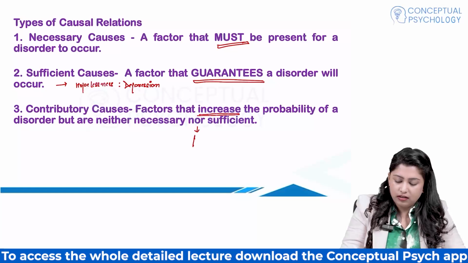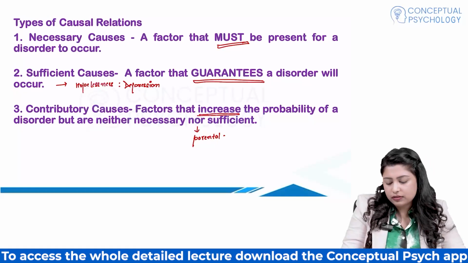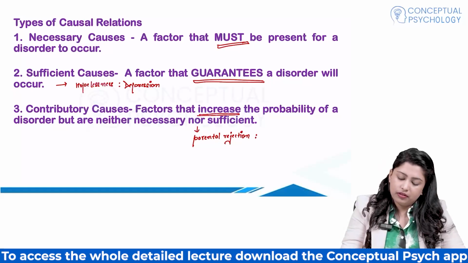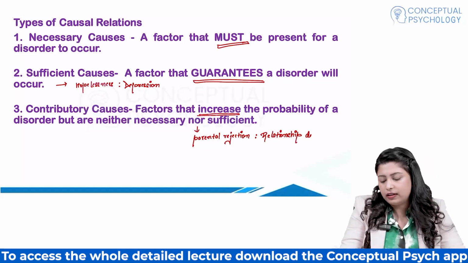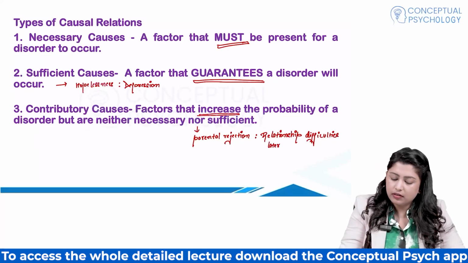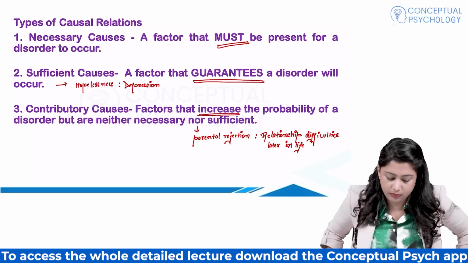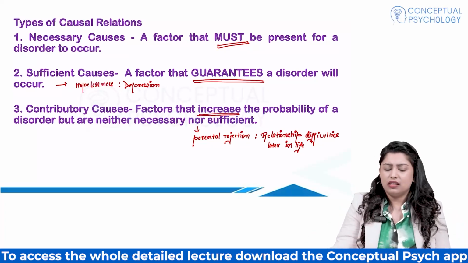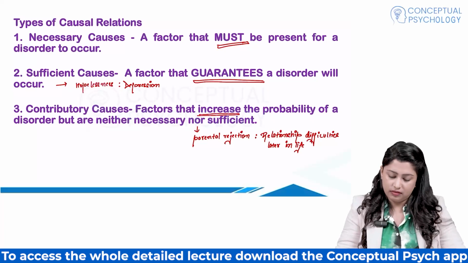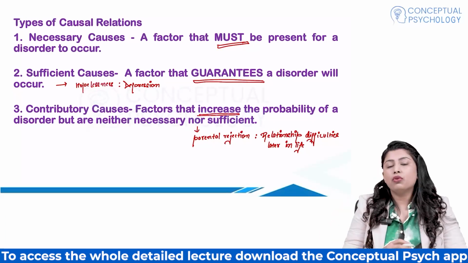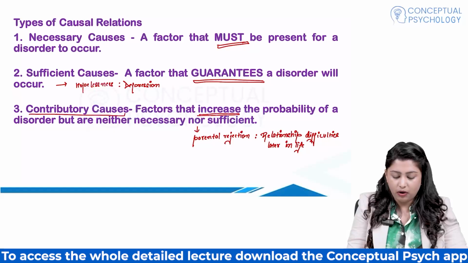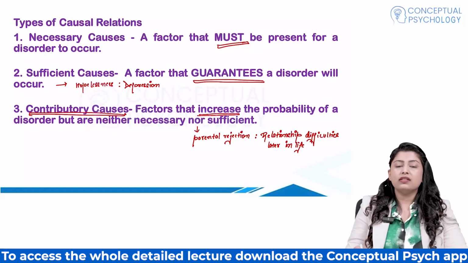So here parental rejection causing relationship difficulties later in life. This is a contributory cause, which increases the probability of a disorder, but is neither necessary nor sufficient. Okay, so this is what we study most often in psychology as well, the contributory causes.